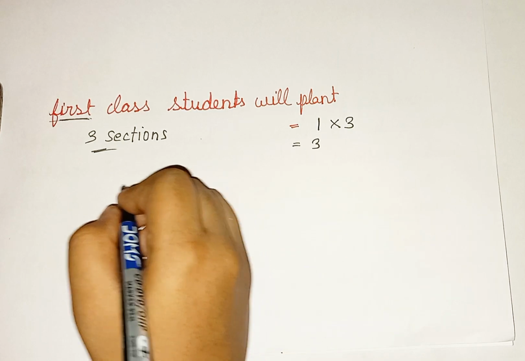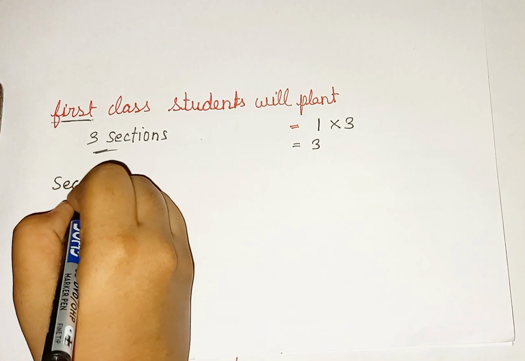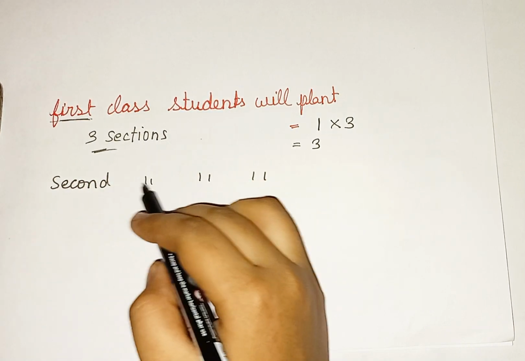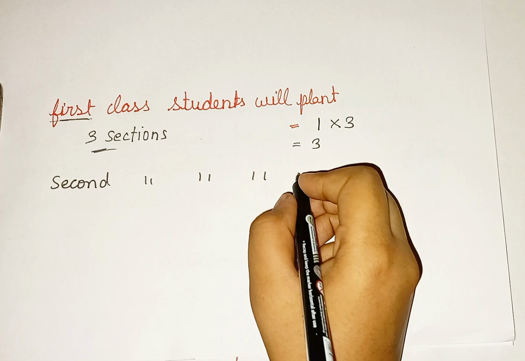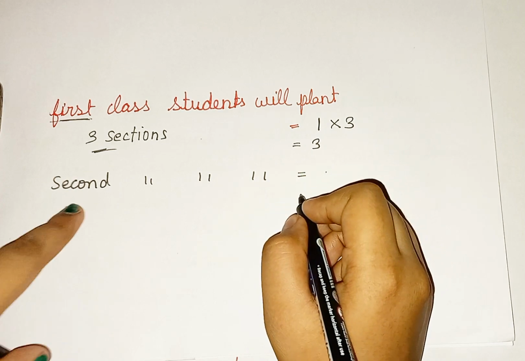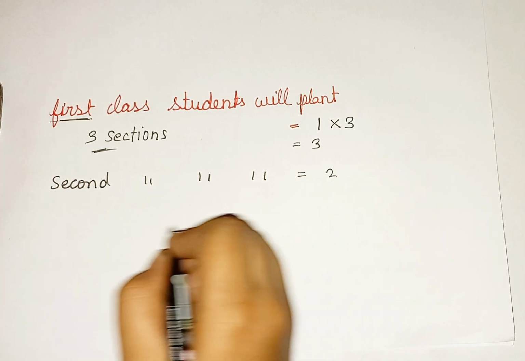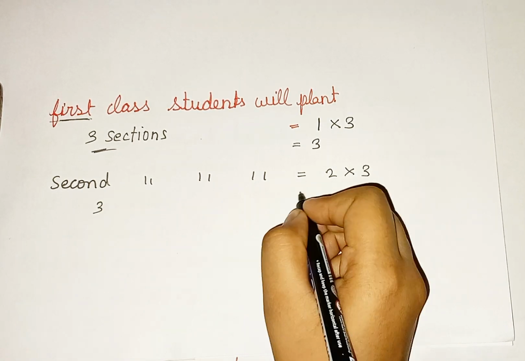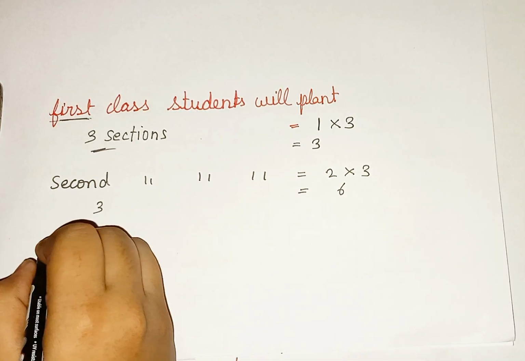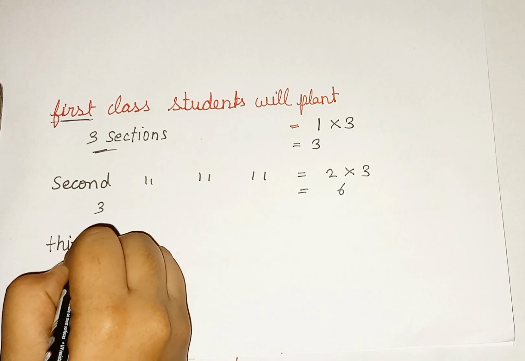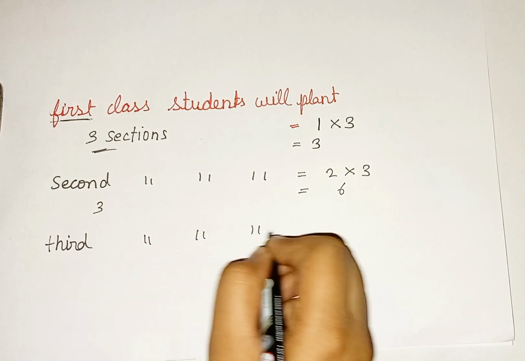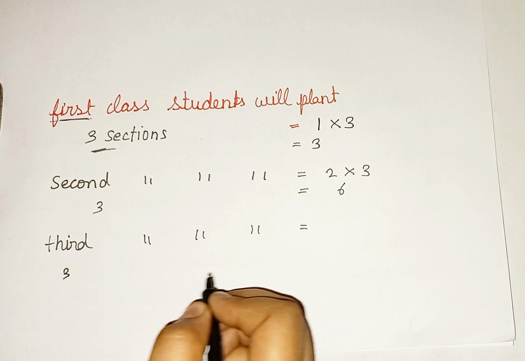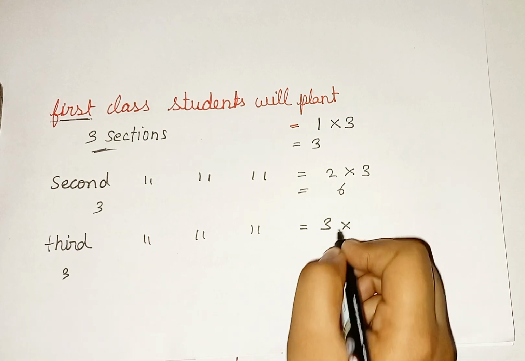So likewise the second class. Second class students will plant 2 plants, isn't it? But in the second class also there are 3 sections, so 2 into 3, that is 6. So likewise for third class, how many plants will they plant? They'll plant 3 plants, so 3 into how many sections?